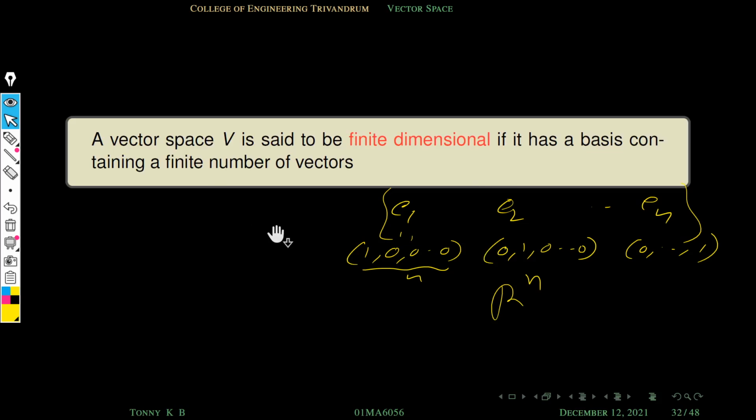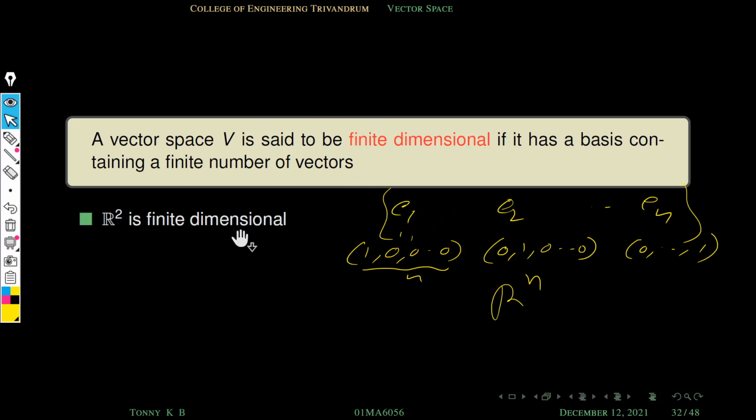And next we are going to define finite dimensional. What is finite dimension? A vector space V is said to be finite dimensional if it has a basis containing a finite number of vectors. That's all. Suppose a basis contains only a finite number of elements. Finite means it is 1 or 10 or like that. Then we can say that it is finite dimensional.